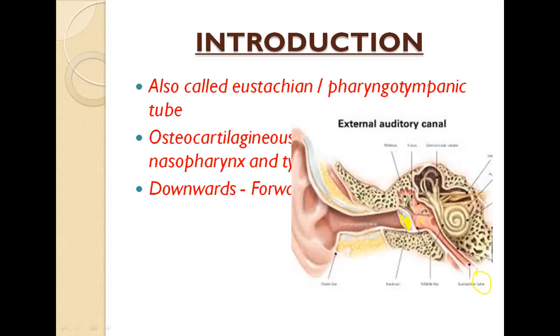The tube that connects the tympanic cavity and the nasopharynx is called the auditory tube. The auditory tube is directed downwards, forwards, and medially. So this will be the direction of the auditory tube.